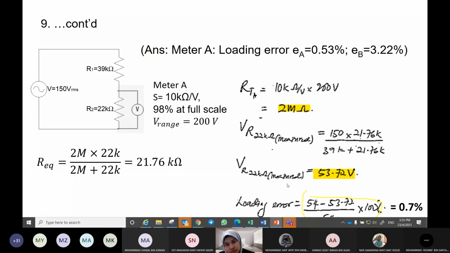So the voltage measured by meter A is 53.7272 volts. The error of this measurement because of meter A is the actual minus the measurement, divided by the actual, multiplied by 100, and we get 0.7%.